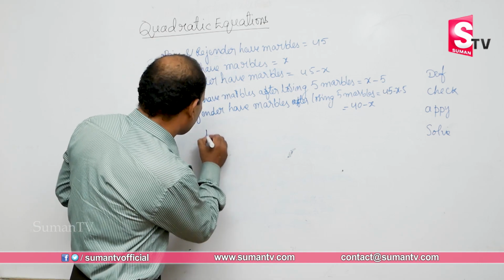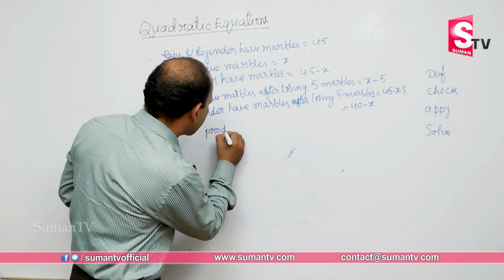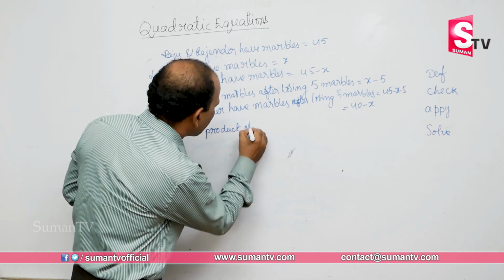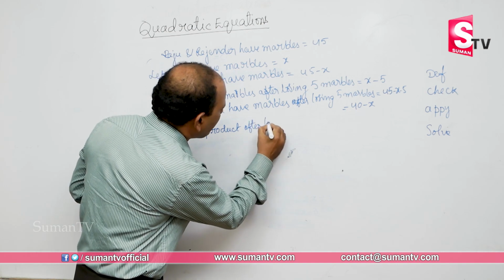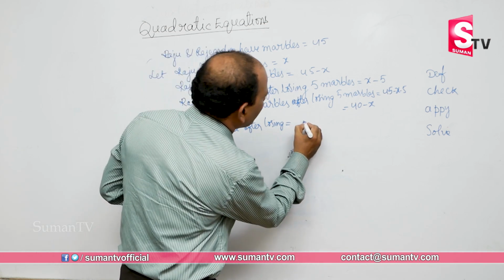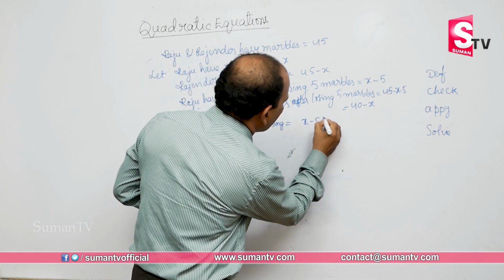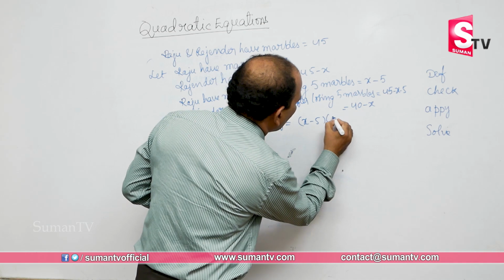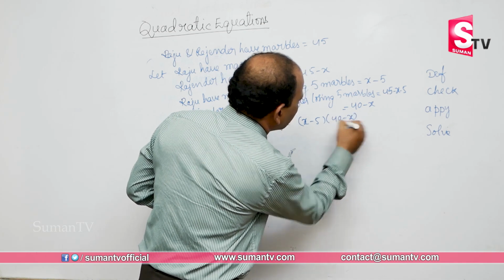The product of them is x minus 5 into 40 minus x.